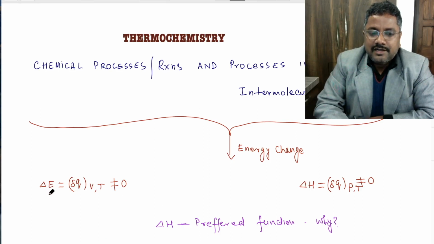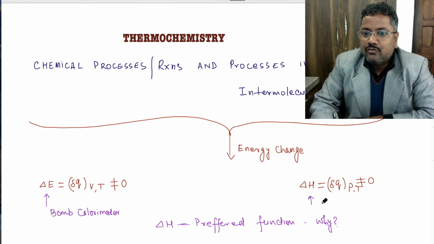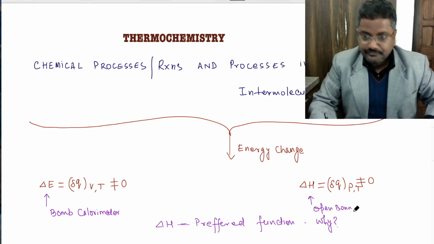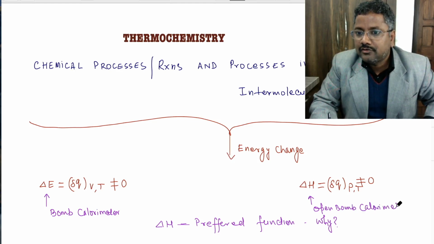Delta E is determined in a bomb calorimeter, and delta H is determined in an open calorimeter.